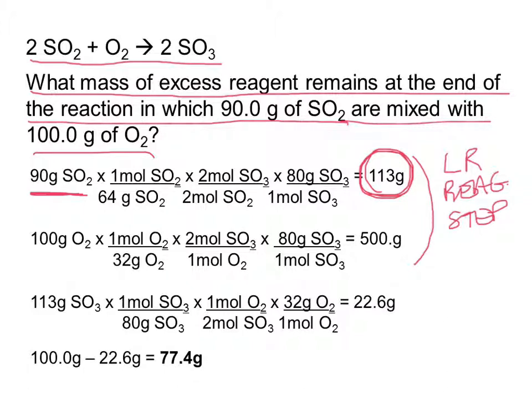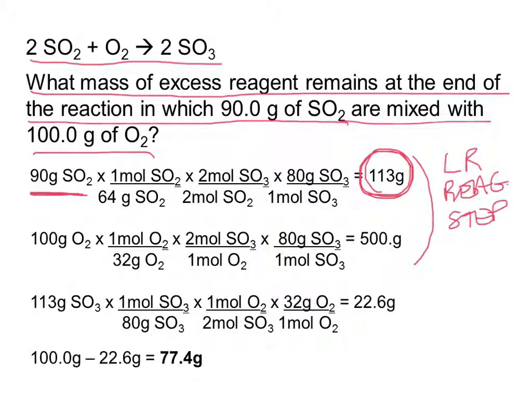My next step is to determine how much of the excess reactant I need to fully react with all of the limiting reagent, right? So in other words, I know I'm going to have excess oxygen. I need to understand how much of that oxygen I'm given is going to react with all of the SO2 gas in this case.